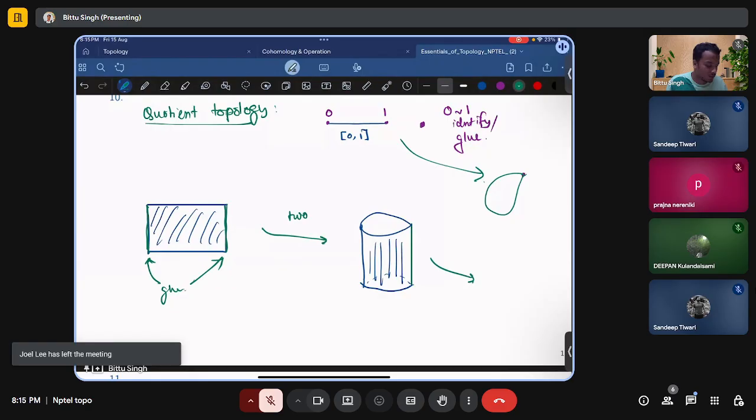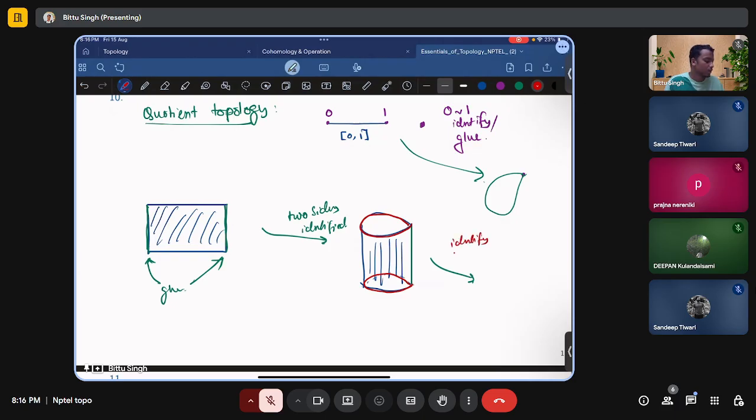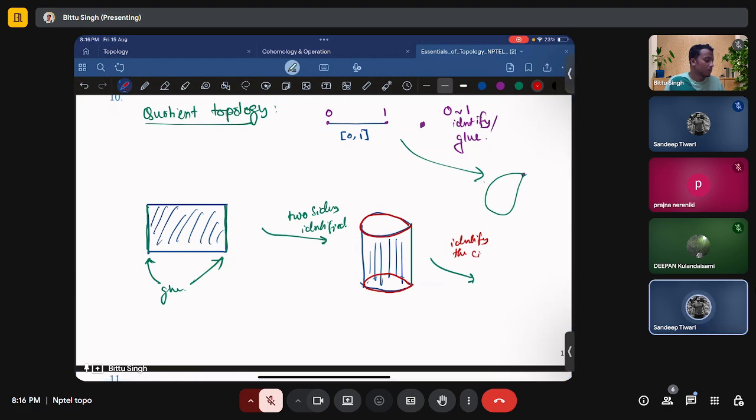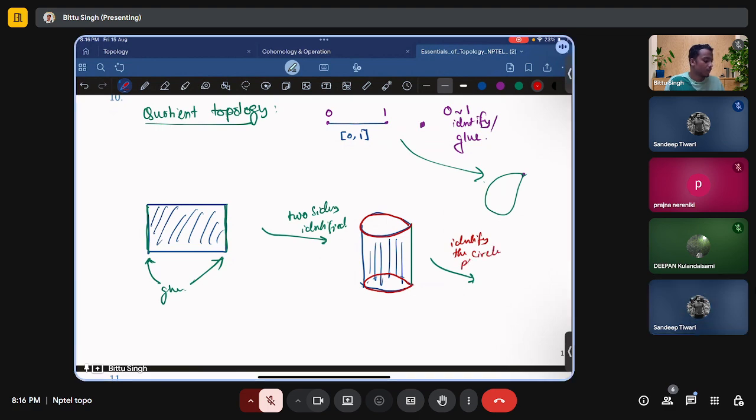So two sides are identified point by point. Now let us identify those two edges. Now identify this, and these two circles. Identify those two circles, same, point by point.